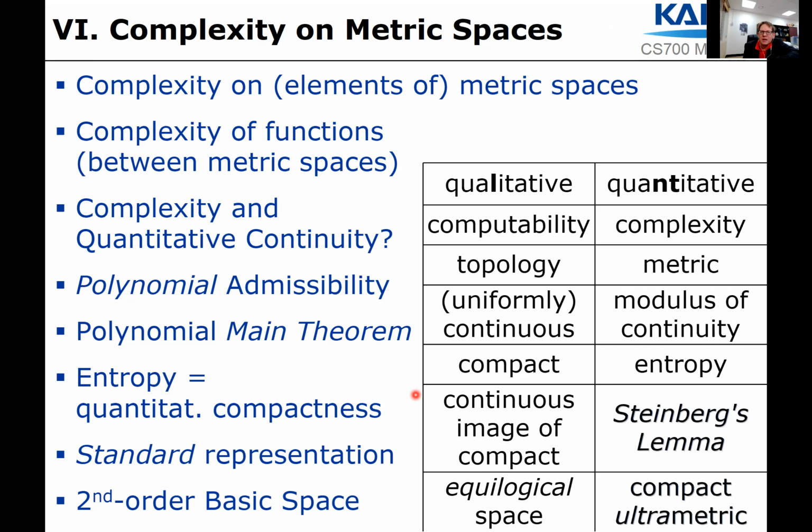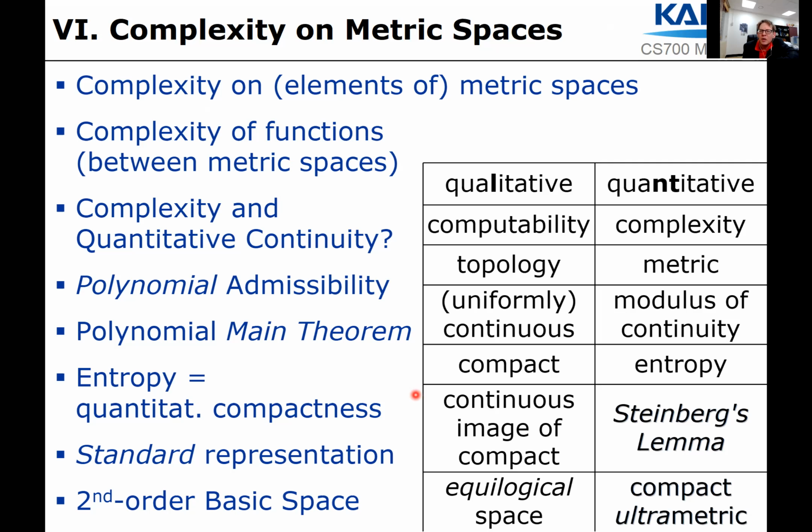And that section would then devise a kind of a dictionary translating between qualitative and quantitative properties, translating between computability and complexity, topology to metric, uniform continuity to quantitative modulus of continuity. Qualitative compactness corresponds to quantitative entropy.